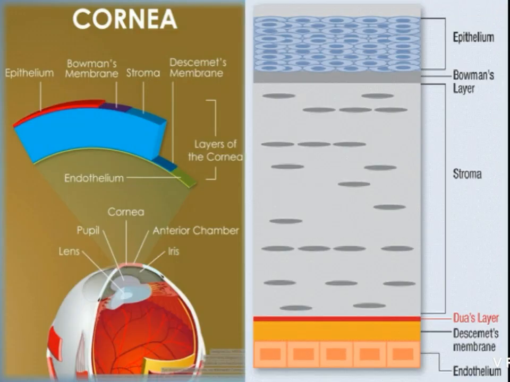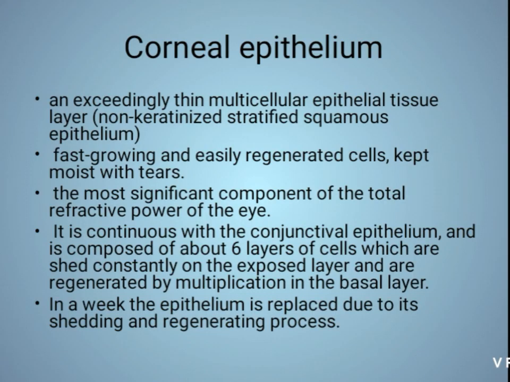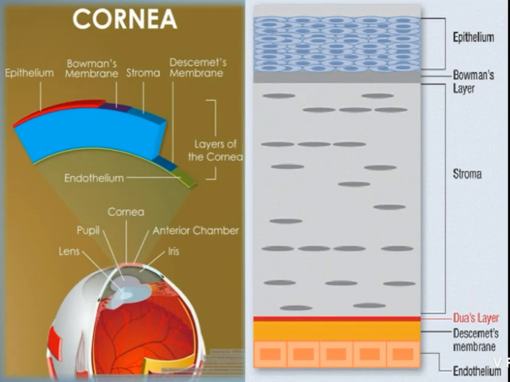Next, here you can see in this slide the various different parts of the cornea. The first layer, the red layer, is our epithelium, then this purple layer, the second layer after the epithelium, is Bowman's layer, then the light blue colored layer is our stroma, and under the stroma is our Descemet's membrane.